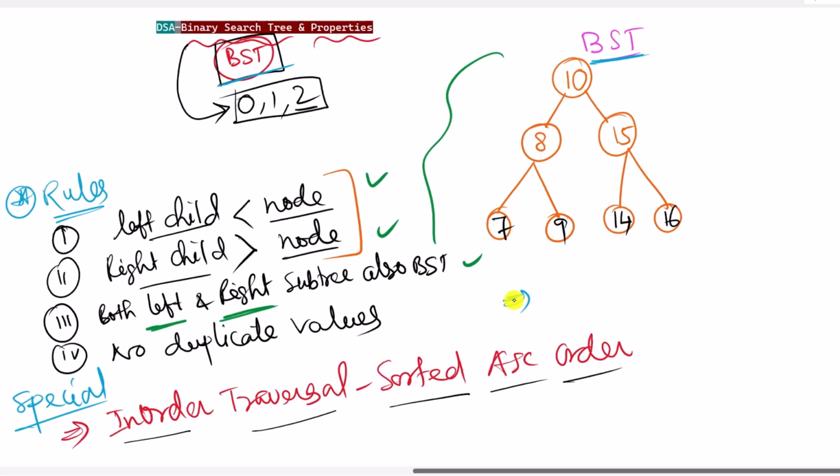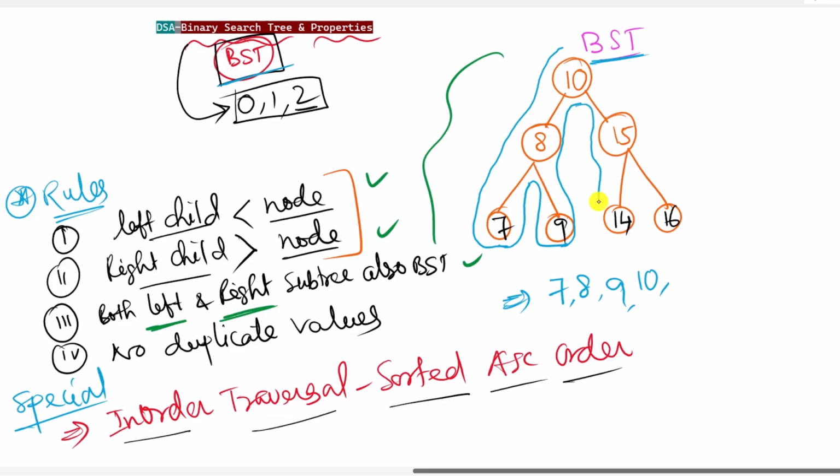We start the traversal from the root node and continue to traverse. Whenever we reach the bottom of a node, we include it in our in order traversal. First we have the 7, then we reach the bottom of the 8, then the bottom of 9. Now we reach the bottom of the node 10, then the node 14, then the node 15, and lastly the node 16.